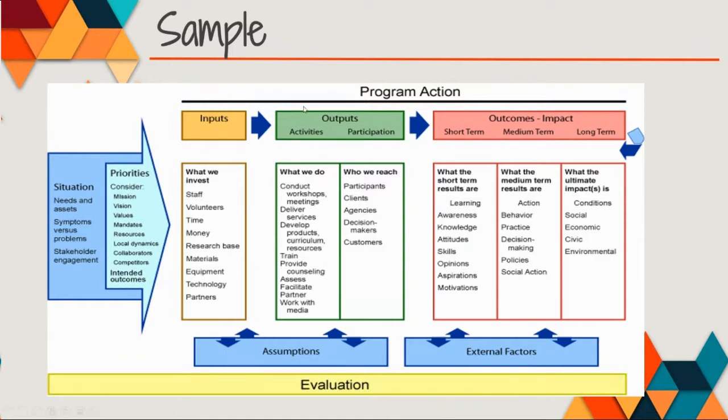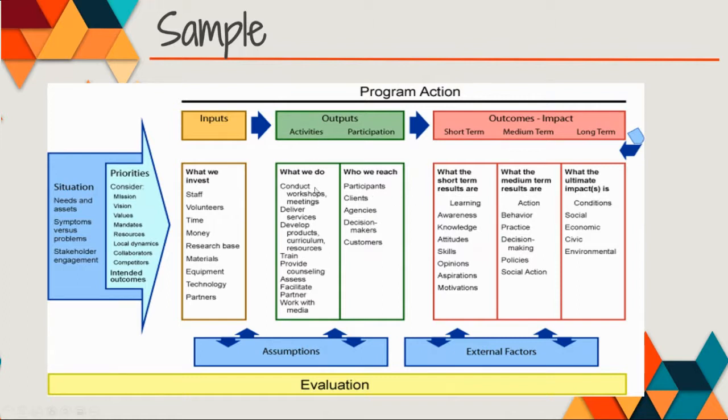The activities found here within the outputs component of the logic model begin to describe what those people or resources are doing. While a staff member is considered an input, the actual things that they do, the verbs, the actions that those staff take, are found in the activities, the outputs.